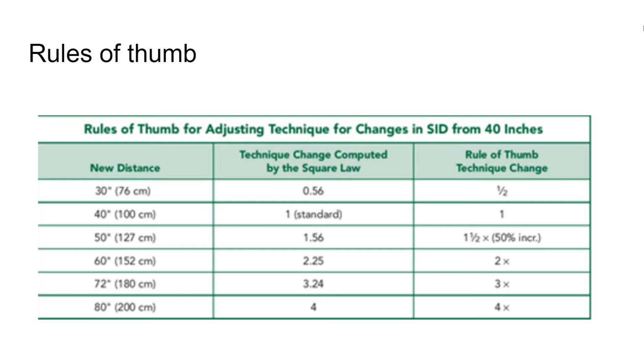If you ever come to me and tell me someone was caught doing inverse square law on the back of a napkin to figure out what their new technique is, what do? They just know to go up or down based on their distance. And they've been doing it enough that, similar to eyeballing it, they know that they can guesstimate how many steps in mAs to go up or down.